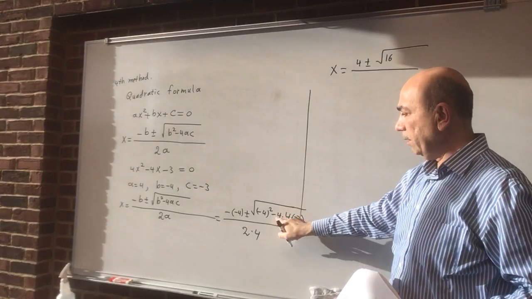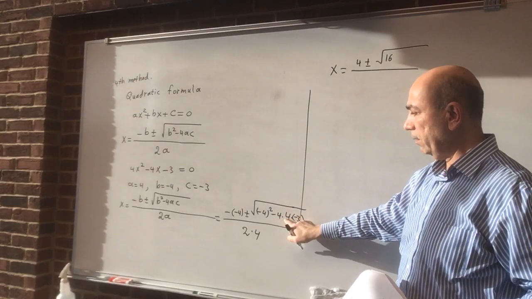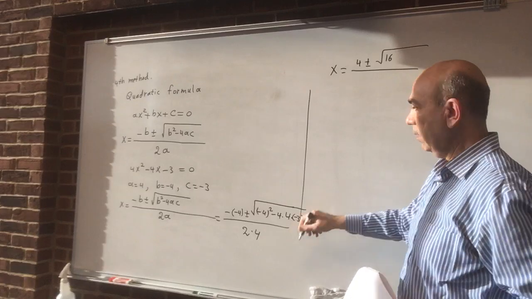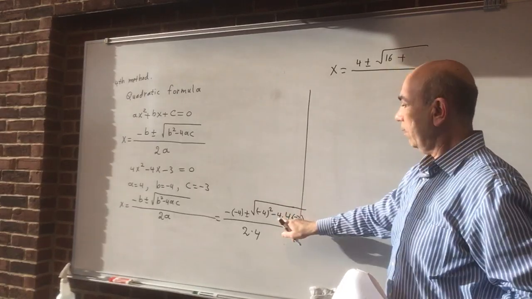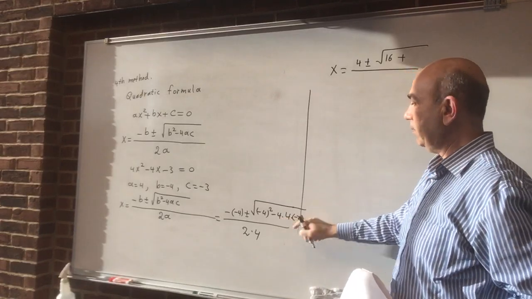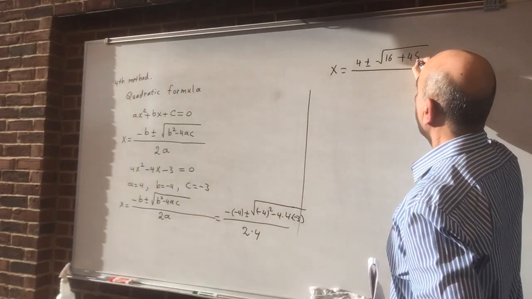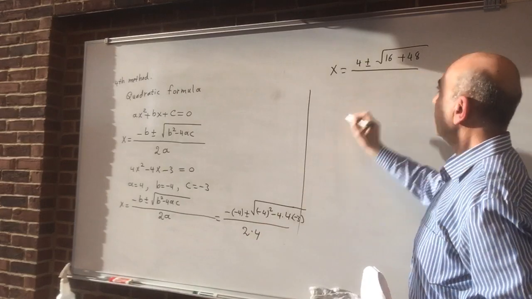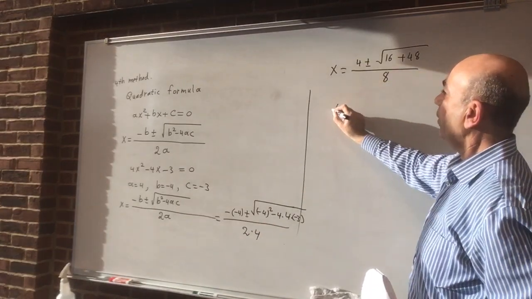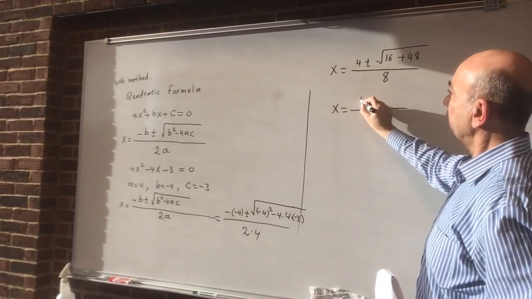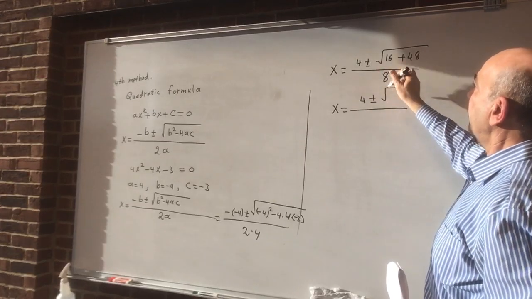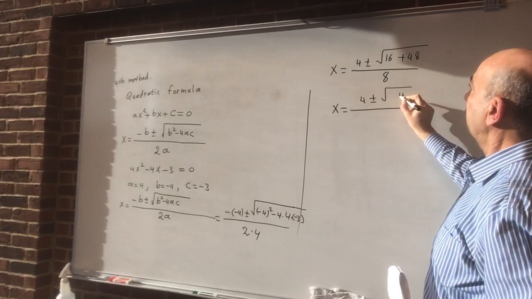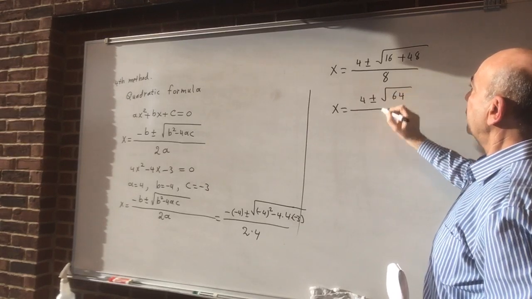Negative 4 times 4 is negative 16, times negative 3, so negative times negative is positive. So 4 times 4 is 16, times 3 is 48. 2 times 4 is 8. Simplify. So 16 plus 48 is 64.